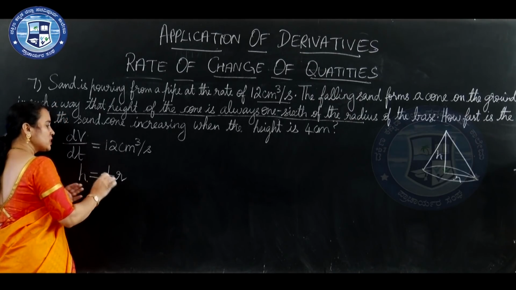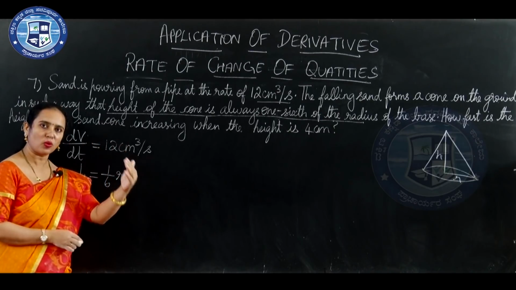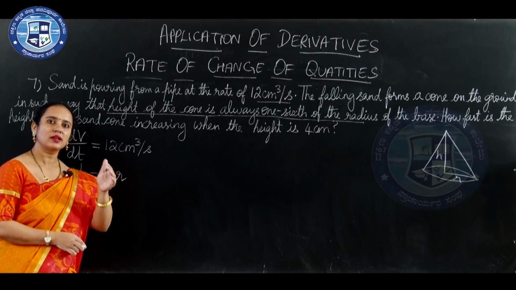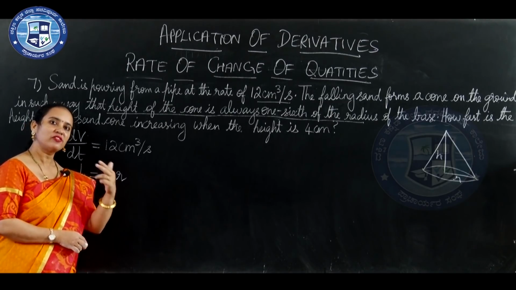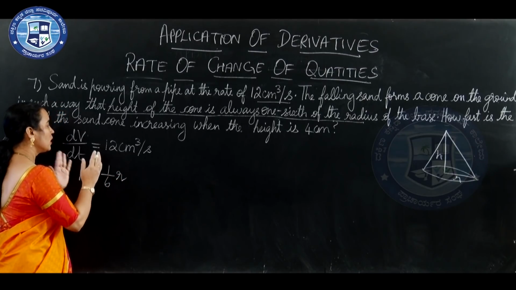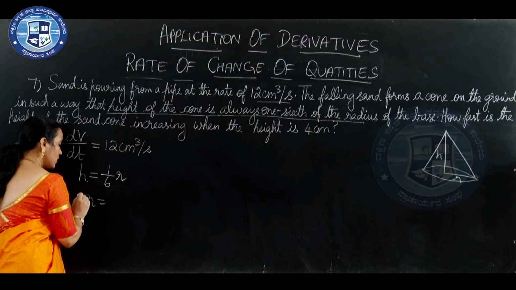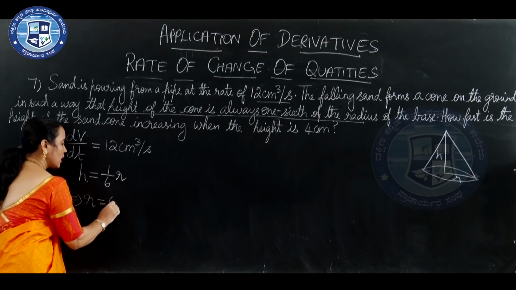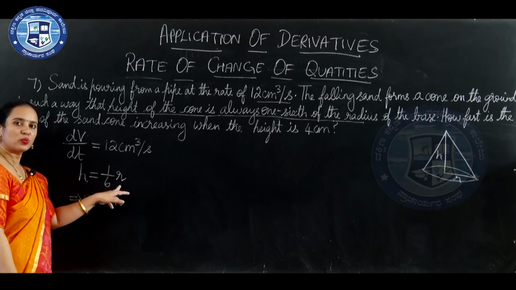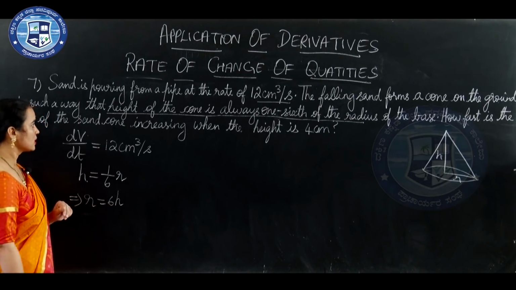Now, always in a cone, if you recall the volume of a cone formula, it is 1 by 3 pi r square h. So, you have two variables here, r and h. They have given h is equal to 1 by 6 r. So, from this we get r is equal to 6h.